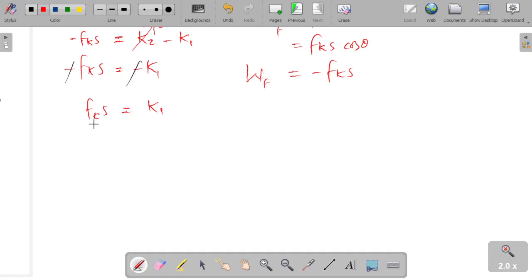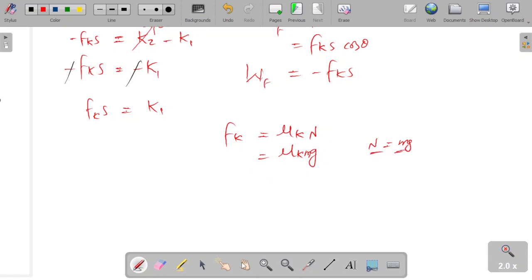What is the value of Fk? You know that kinetic friction is equal to mu k N, where N is equal to mg. The normal reaction is always equal to the weight of the body. Mg, m times acceleration due to gravity, N was equal to mg.